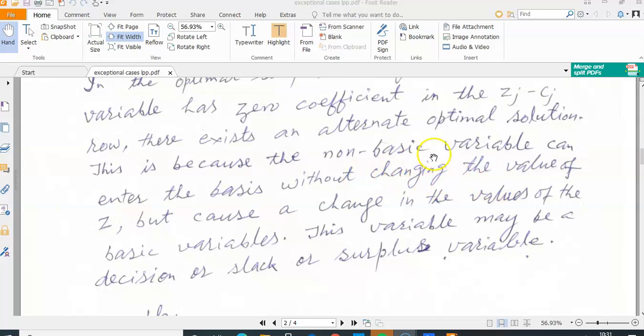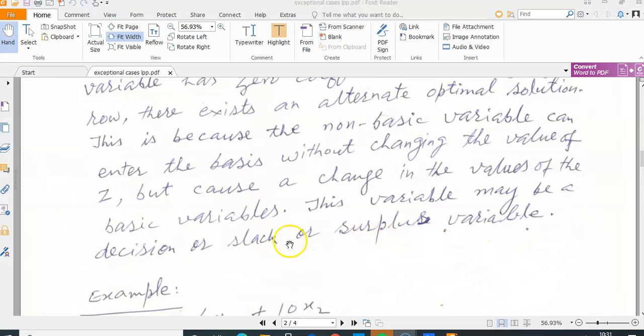This is because the non-basic variable can enter the basis without changing the value of the objective function z, but can cause a change in the values of the basic variables.